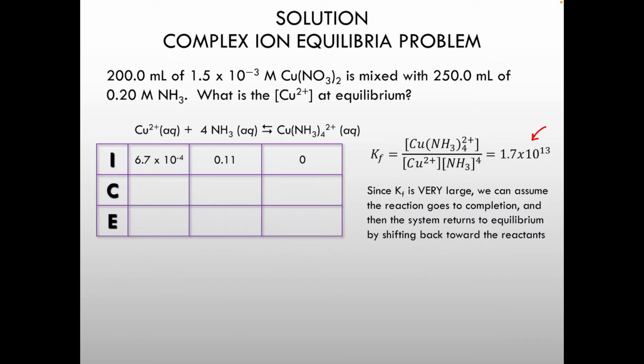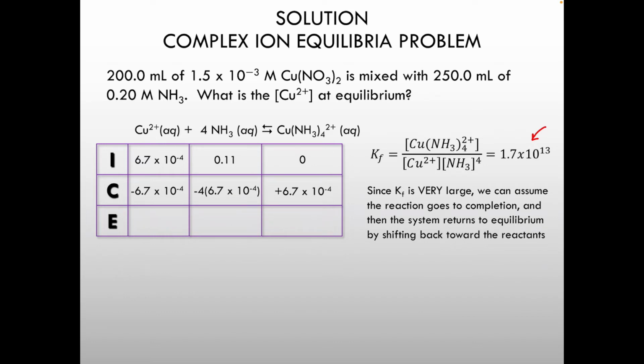So we would need to figure out which one of these is limiting. But if you look at these molarities, it's kind of obvious which one is going to be limiting, right? So that's this copper. Okay, our copper ion is so much smaller than our ammonia. There's no way our ammonia could be the limiting ion. But you can go through and do the calculation and prove to yourself that that's what it is.